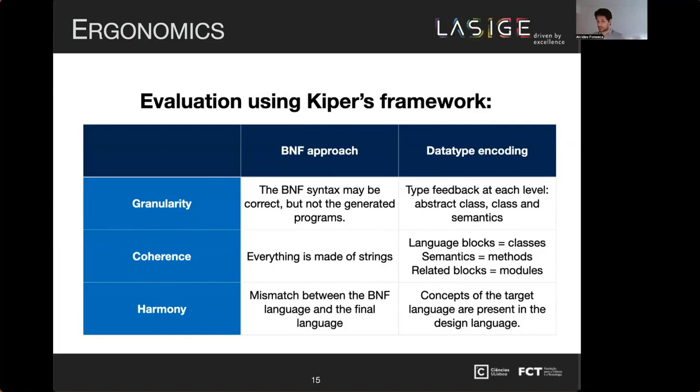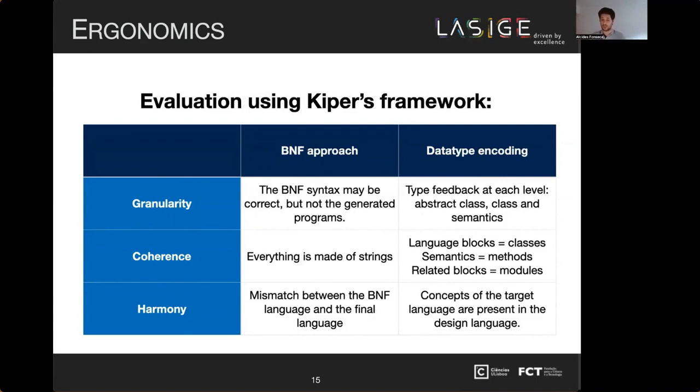So you can see what part of the grammar the problem is in. While in BNF, if the BNF syntax is okay, you don't know if the actual program will be okay or not. So there's a mismatch also in the granularity of where you find the problems.